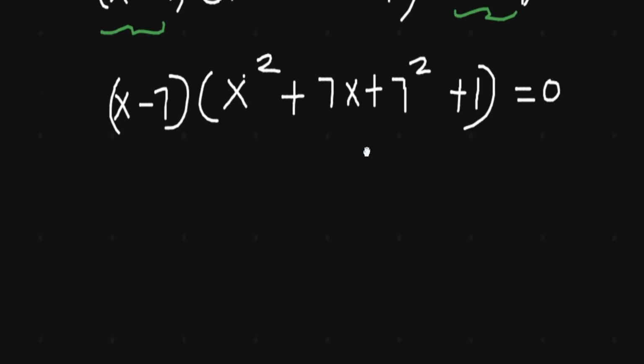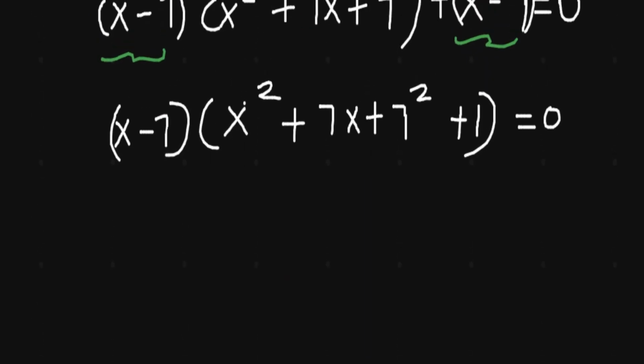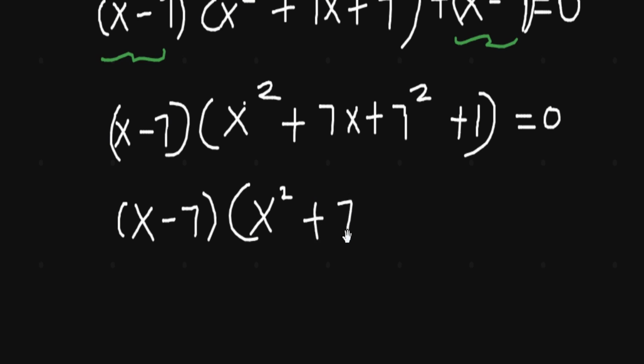So again we can write this as x minus 7 into x square plus 7x plus, 7 sevens are 49, so 49 plus 1 is 50, plus 50 is equals to 0.